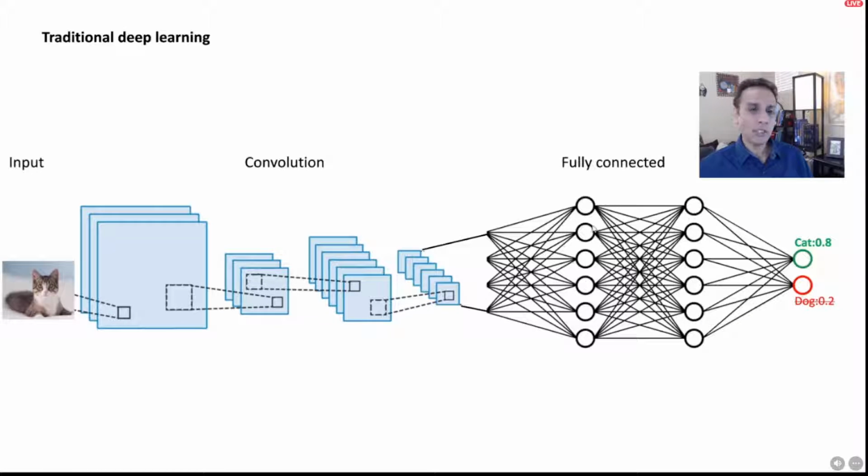Eventually, before it goes into this fully connected layer, we generate a whole bunch of features as inputs to this dense layer or fully connected layer or feed-forward layer, and then the information goes through in this direction, and eventually what comes out is a probability. Again, it depends upon what types of activation functions you're using, but typically a probability saying, okay, it's a cat with 80% and it's a dog 20%, so we finally say, okay, that's a cat.